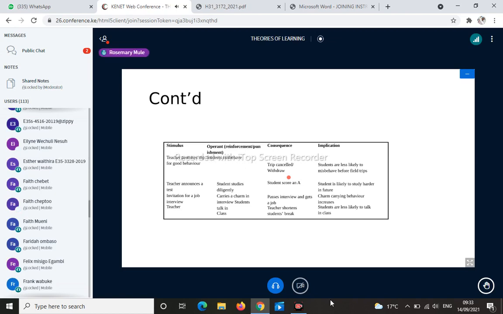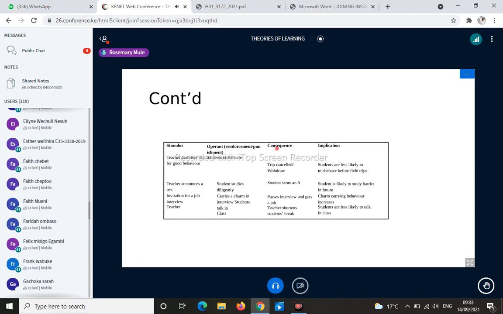So this is the diagram. So if you move with me, here we have the stimulus, the operant or the reinforcement, and then we have the consequence.